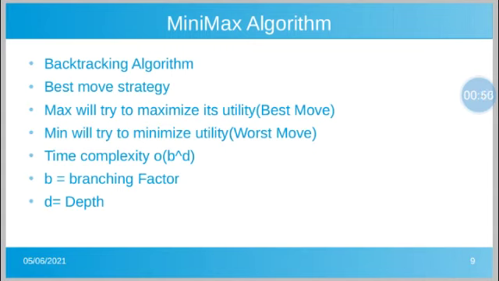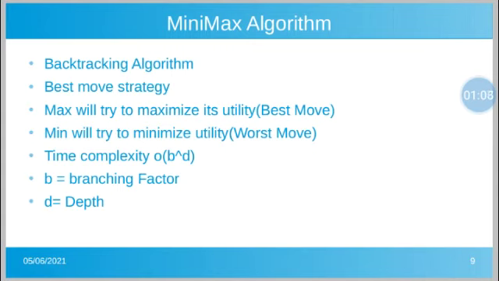Let's say there are two players, max and min. Max will try to maximize its utility and takes the best move, meaning it tries to gain more and more points.